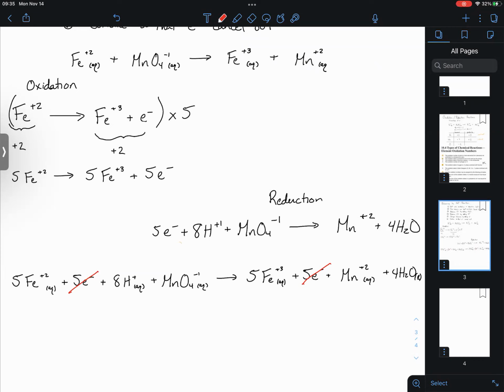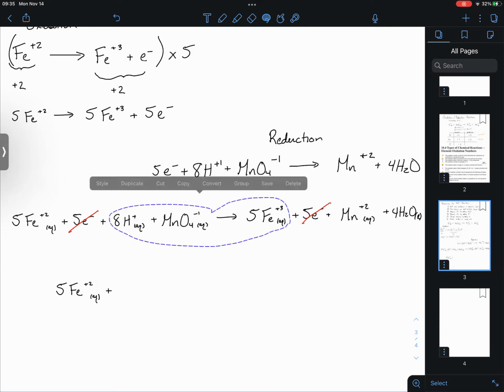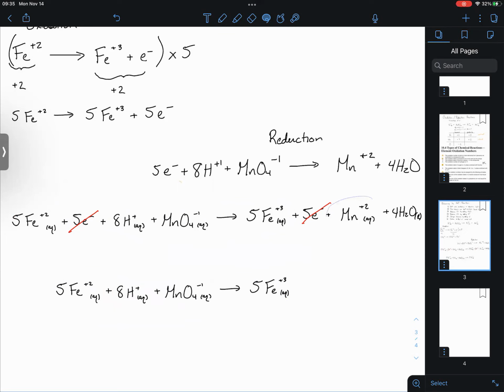So in any event, you'll just go through and cancel out things that appear on both sides, and that would give you your net reaction there. So here is my final balanced chemical equation here.